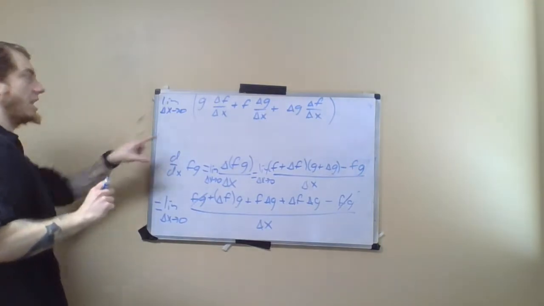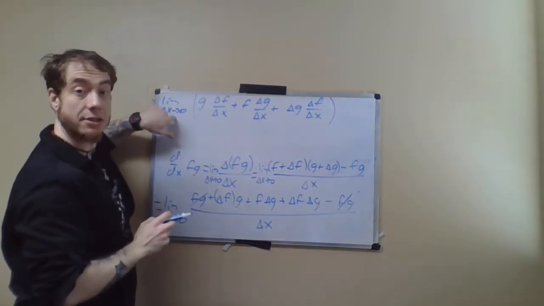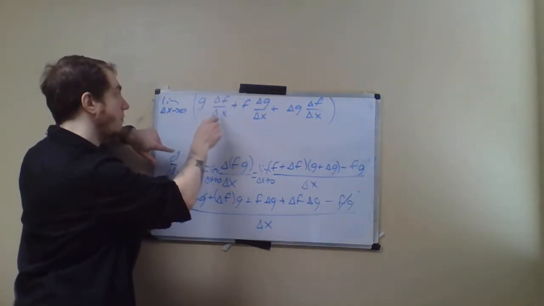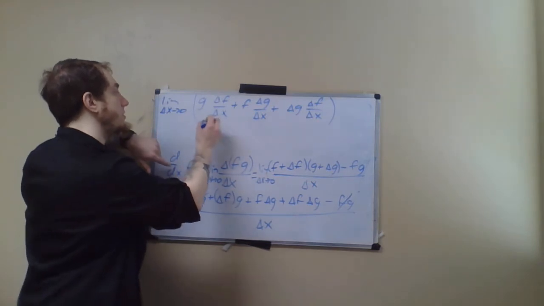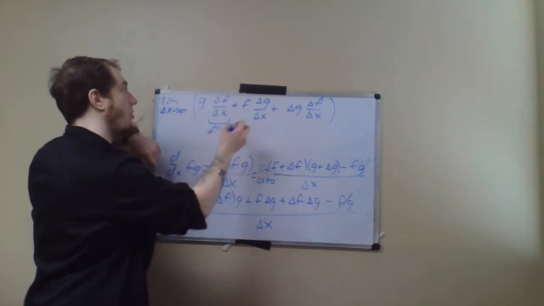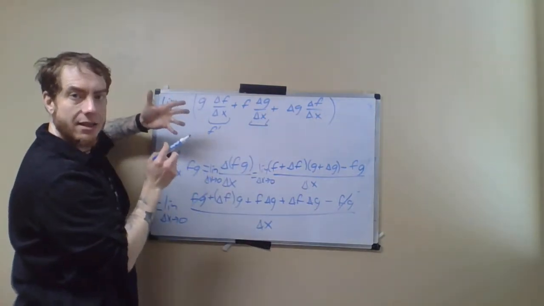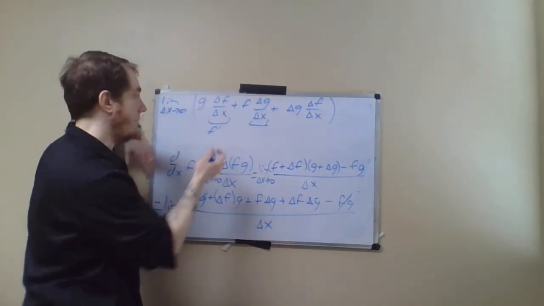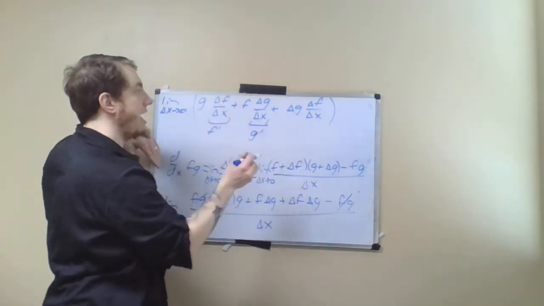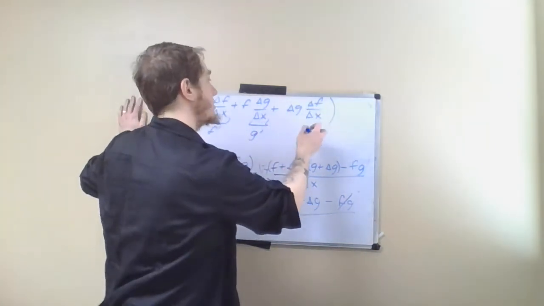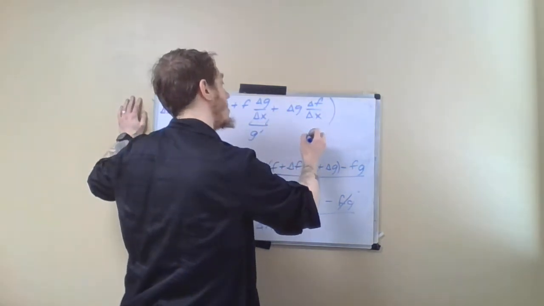But in the limit as delta x goes to 0, delta f over delta x is going to become f prime. Delta g over delta x, what is that? It's going to be g prime, right? And delta f over delta x, once again, is going to be another f prime.